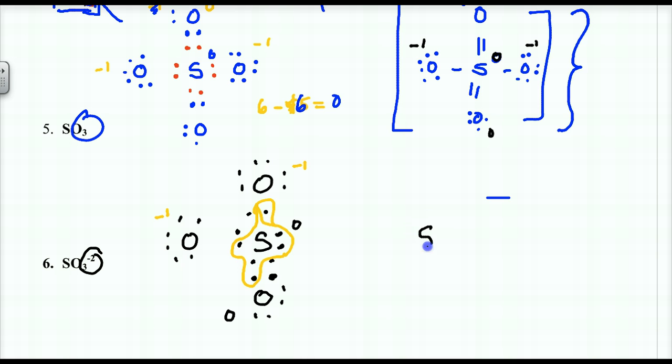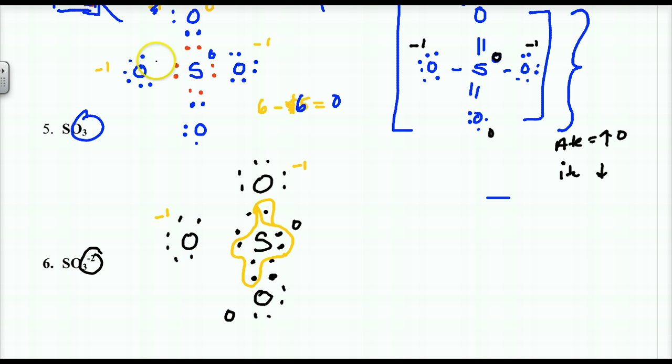So SO3 2-, the sulfite ion. Ite is for fewer oxygens. This right here is a sulfate. Ate is for more oxygens. Ite is for fewer. So the sulfite ion, SO3 2-, is essentially going to look like this.